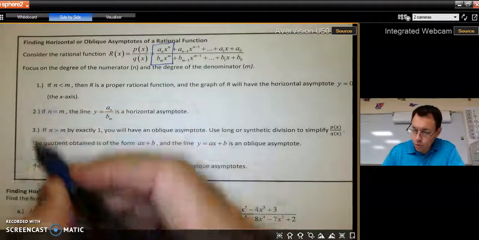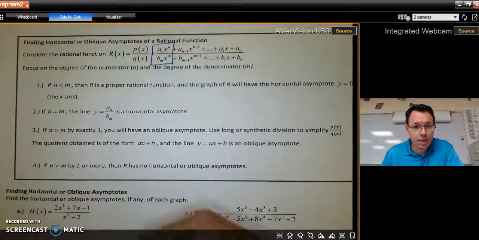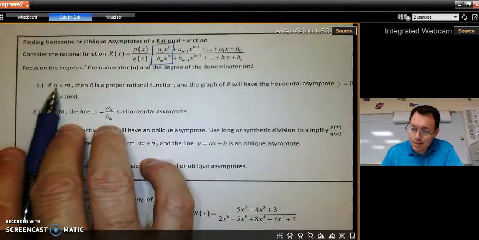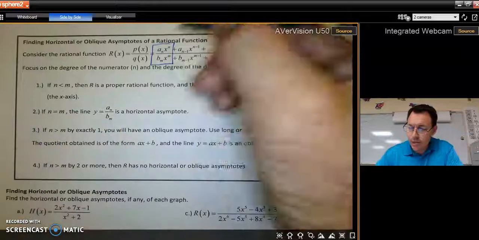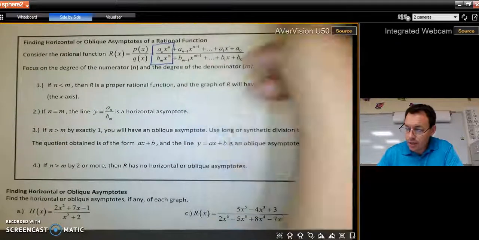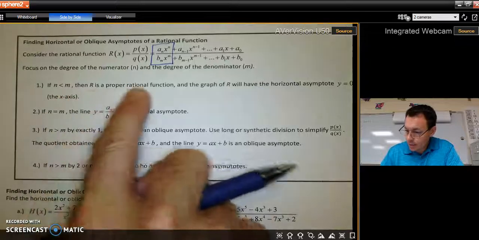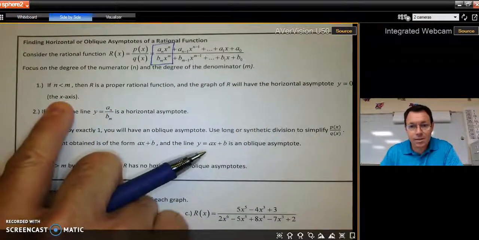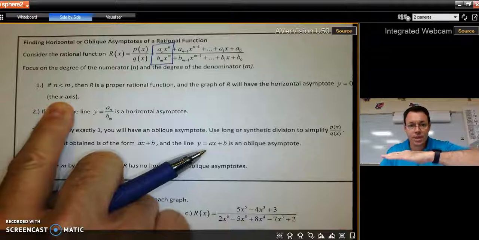So we've got 4 rules right here, and then I'm going to give you some examples showing the rules. Here's what the rules say. If n is less than m, so if this exponent is smaller than this exponent, then y equals 0, so the x-axis is going to be a horizontal asymptote.